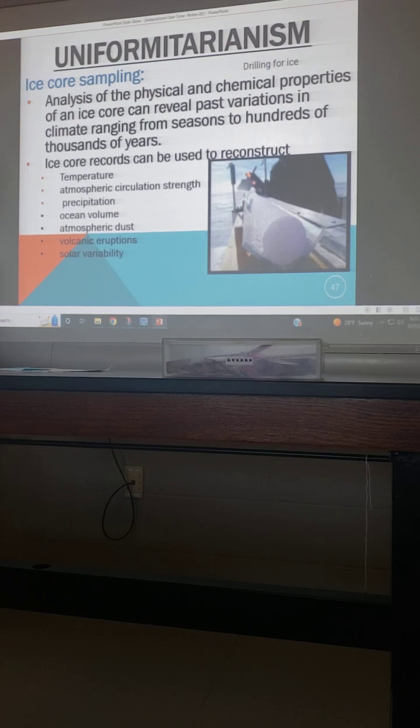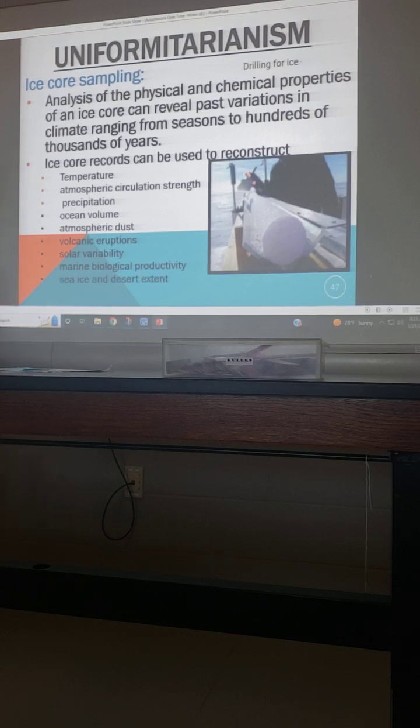Solar variability, like the strength of the sun, actually. What might be blocking some of the strength, and then actual marine biological productivity. So what's going on with the life in our oceans even.